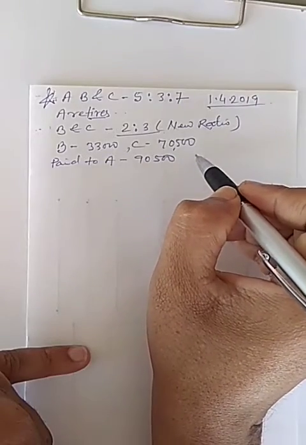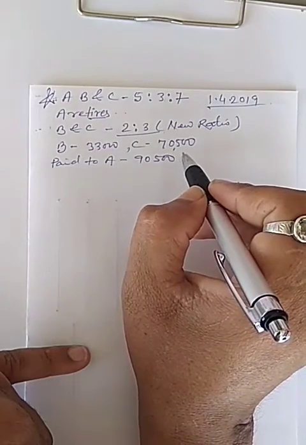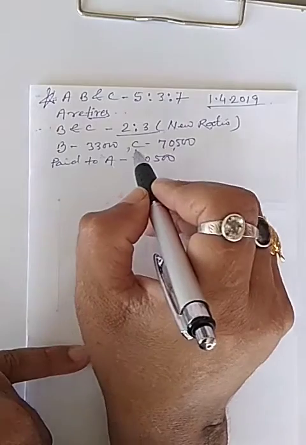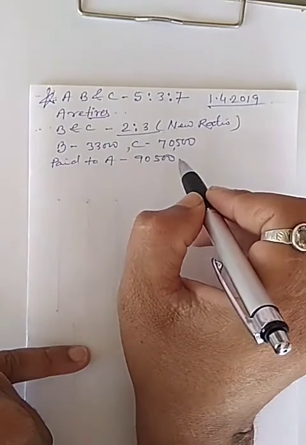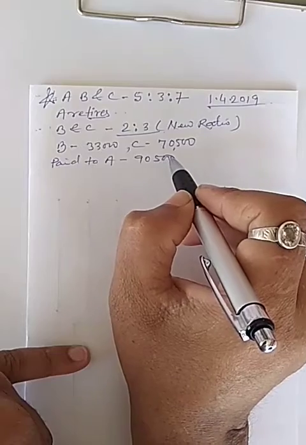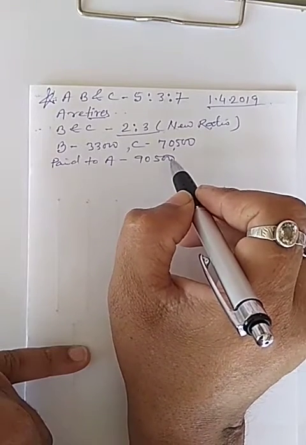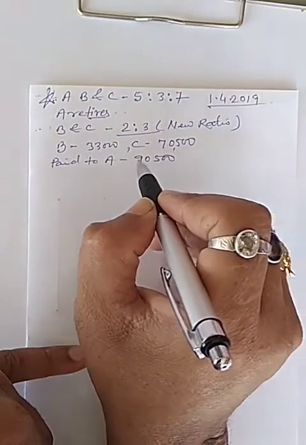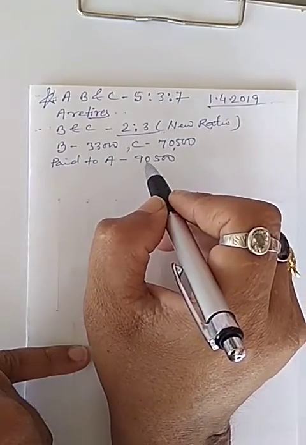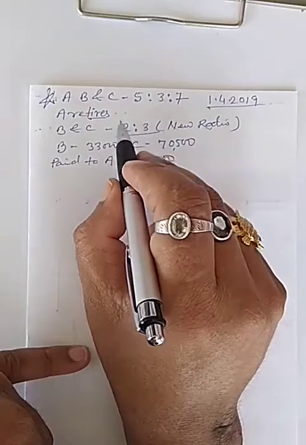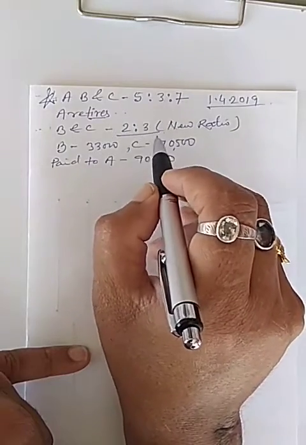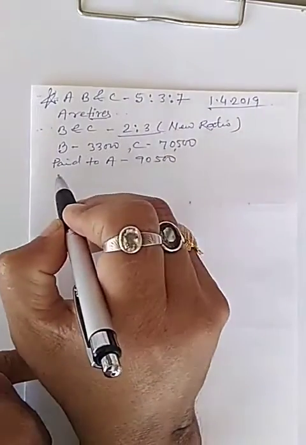This amount is to be paid by B and C in such a way that their capitals become proportionate to their new profit sharing ratio.